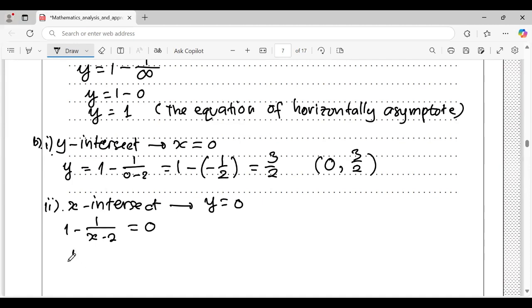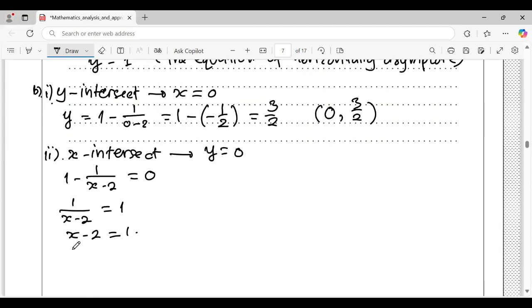So it becomes 1 over x minus 2 equals 1, or x minus 2 equals 1. Then x equals 1 plus 2, equals 3. So the intersection on the x-axis is (x, y), which means (3, 0). That one.